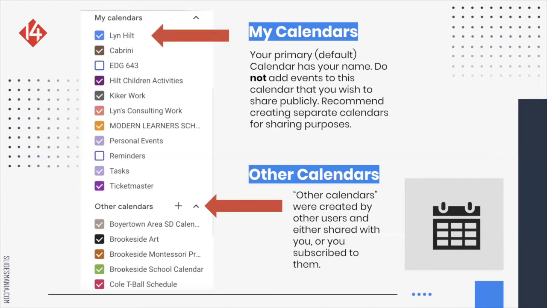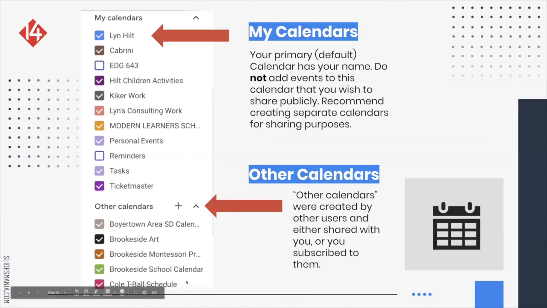And then down here, these are not calendars that I am the owner of. I did not create these calendars, but I did either subscribe to them or I joined a Google Classroom. For example, the art teacher at my daughter's school has a Google Classroom and I joined it. So now my Google Classroom associated calendars show up here.